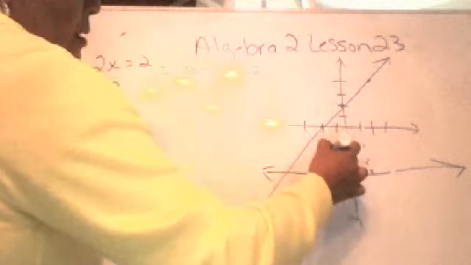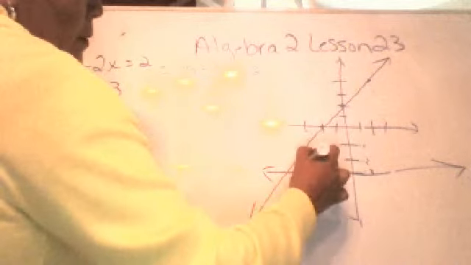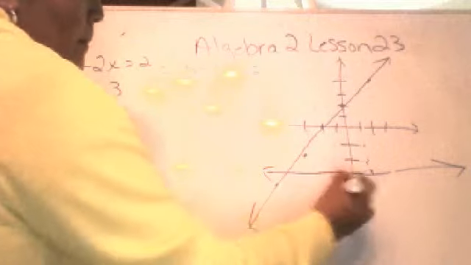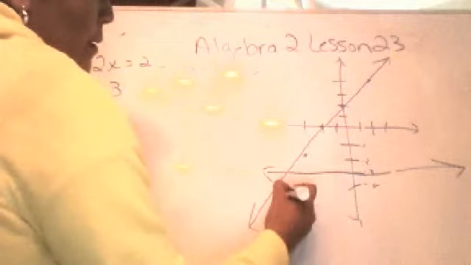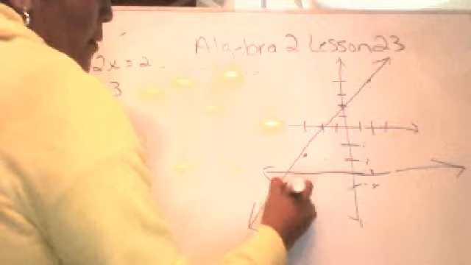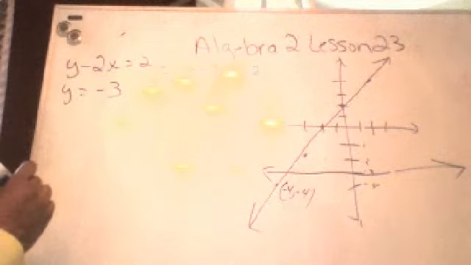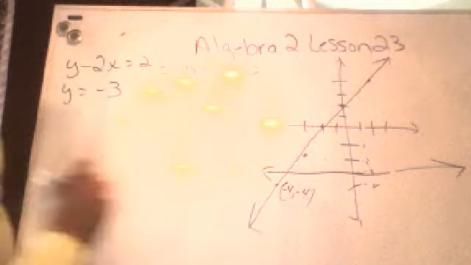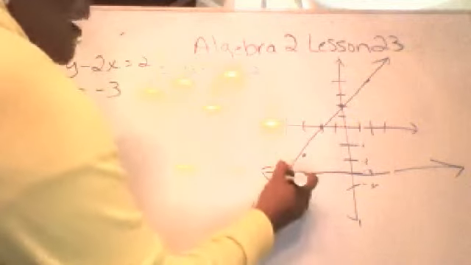It's going to intersect about right here. So I can keep going, 1, 2, 1. All right, 1, 2, 1. So this coordinate here is -4, -4. See that? No, it's not. Sorry. So it's about right here.